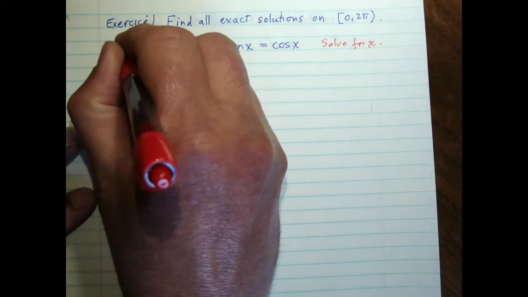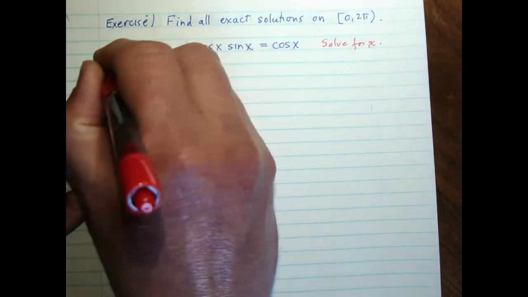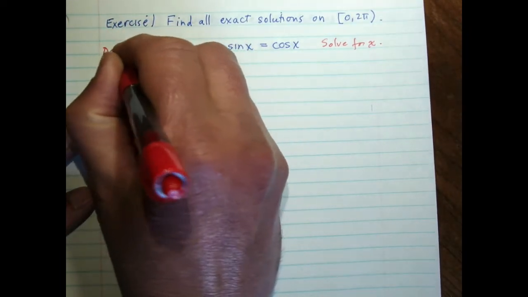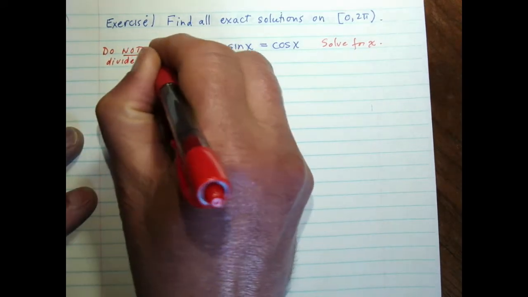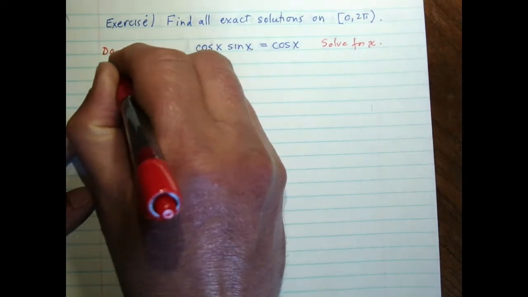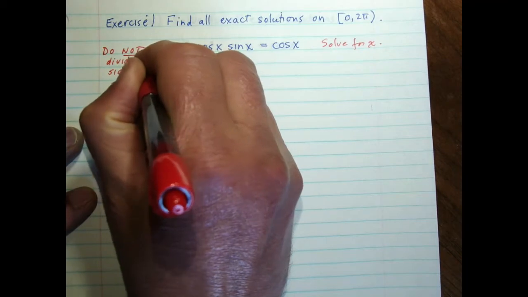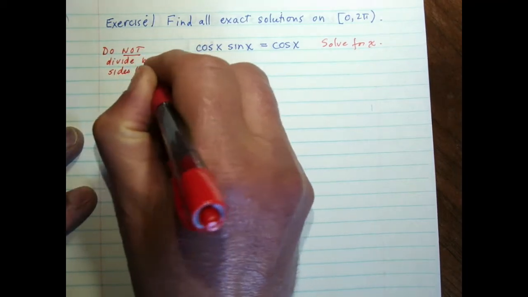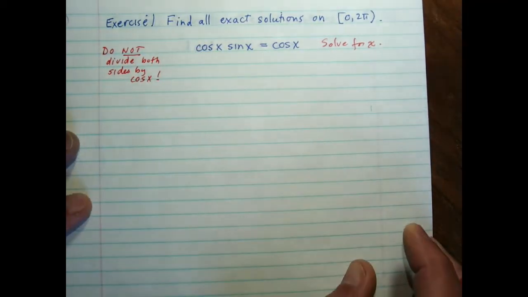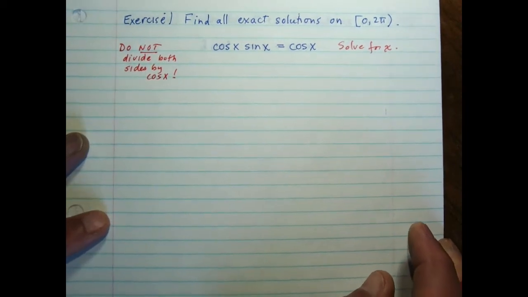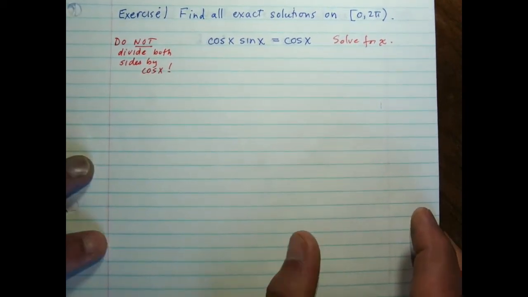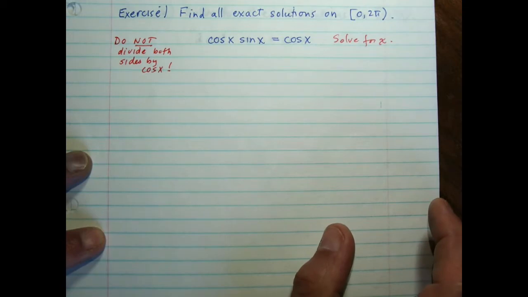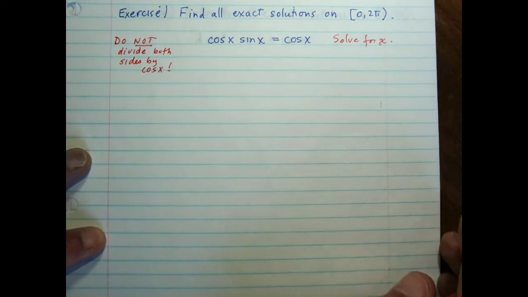So I'm going to say do not divide both sides by cosine x if you're tempted. I'm going to talk about that in a little bit. But first I want to go through my version of a solution.